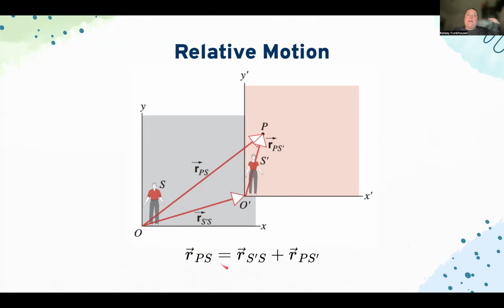So we end up with this vector relationship between them, where the position of the particle relative to the S frame equals the position of the S prime frame relative to the S frame, plus the position of the particle relative to the S prime frame.